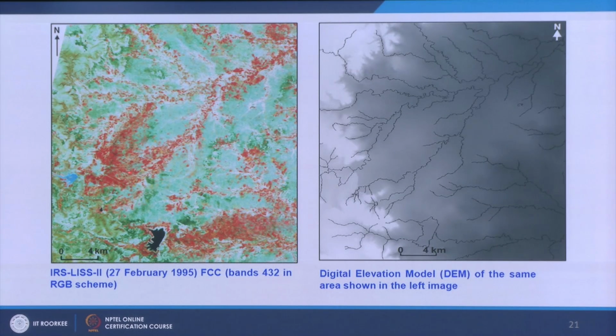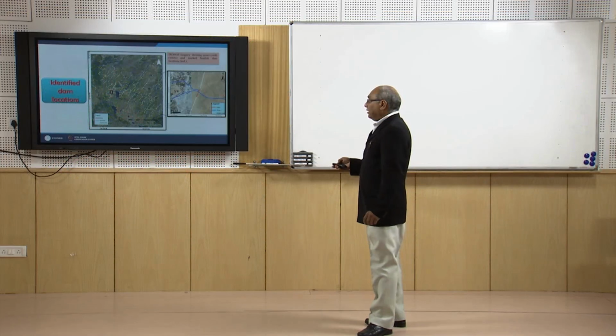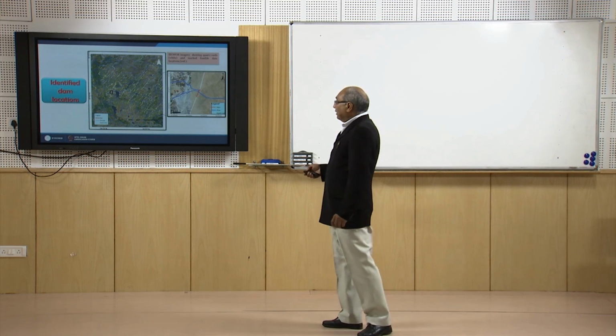That clearly tells that probably these are agricultural lands which are getting water from these small reservoirs, whereas you do not have many water bodies or reservoirs here, and therefore you do not have much growth of vegetation or agricultural land. So this association makes this kind of image interpretation much easier.